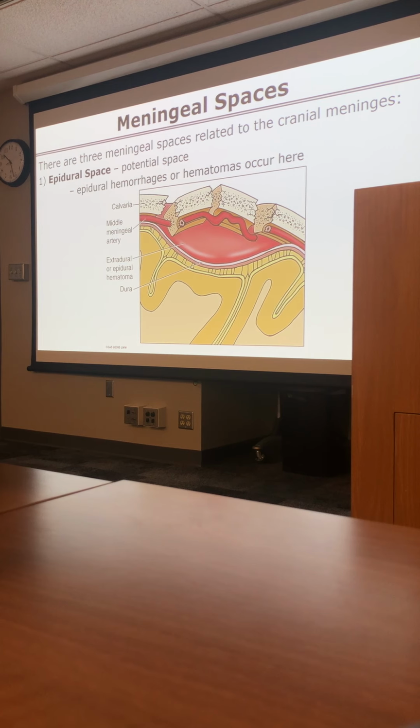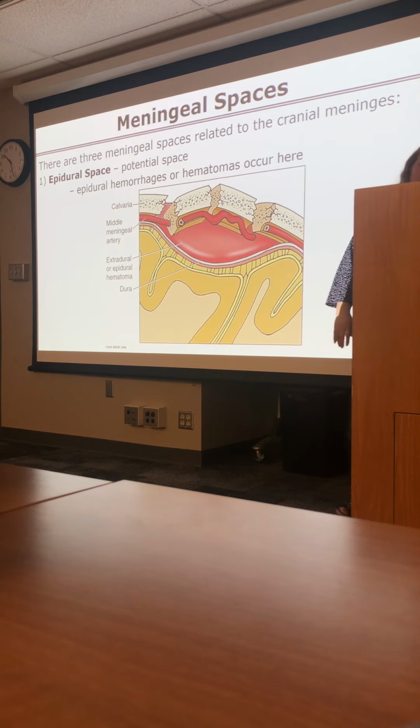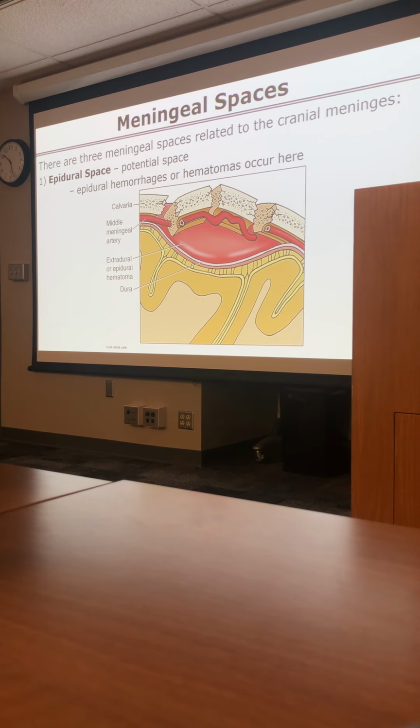And if you get a blow to the head, you can actually tear that middle meningeal artery, and so that artery is going to start leaking blood, and that blood starts collecting in that epidural space, and so you end up with a hemorrhage or a hematoma at the location. And so skull fractures can lead to this arterial hemorrhage in this location.